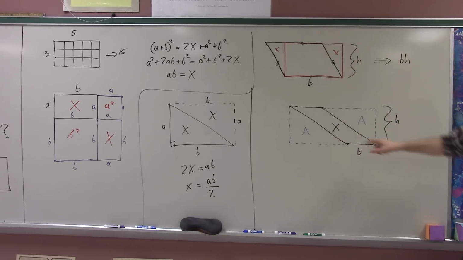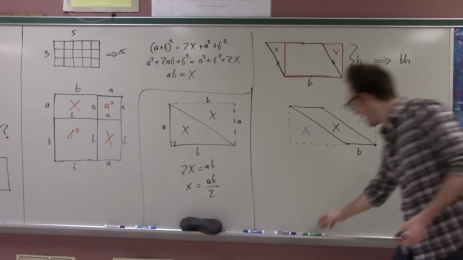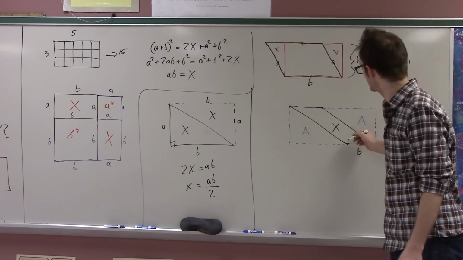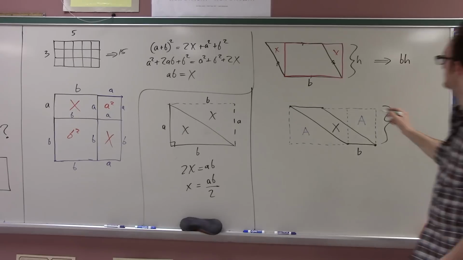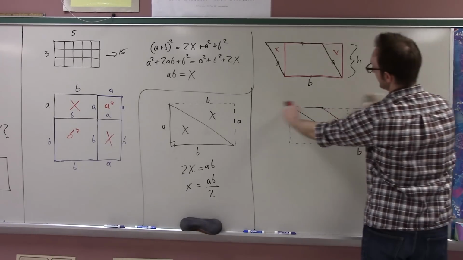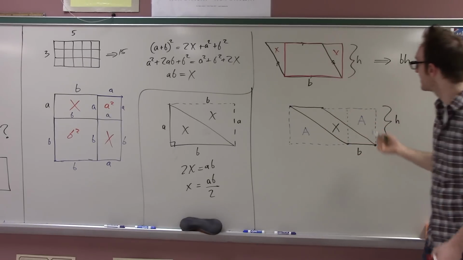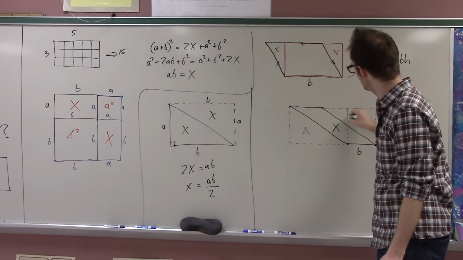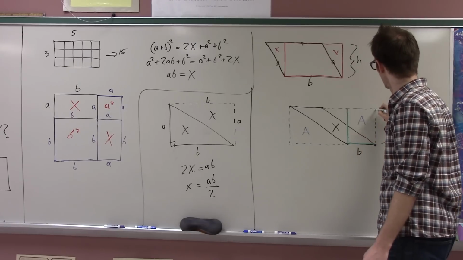I would like to argue somehow that the area of X is B times H. Well, I have a B times H rectangle just sitting right here. It's this one. And so while I have this large rectangle which has been partitioned into A, X, and A, what I'm going to do is simultaneously pursue a different partition.